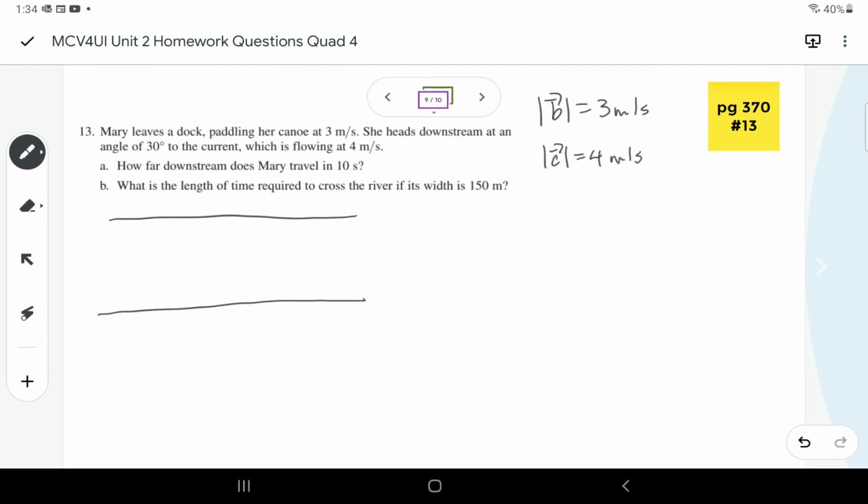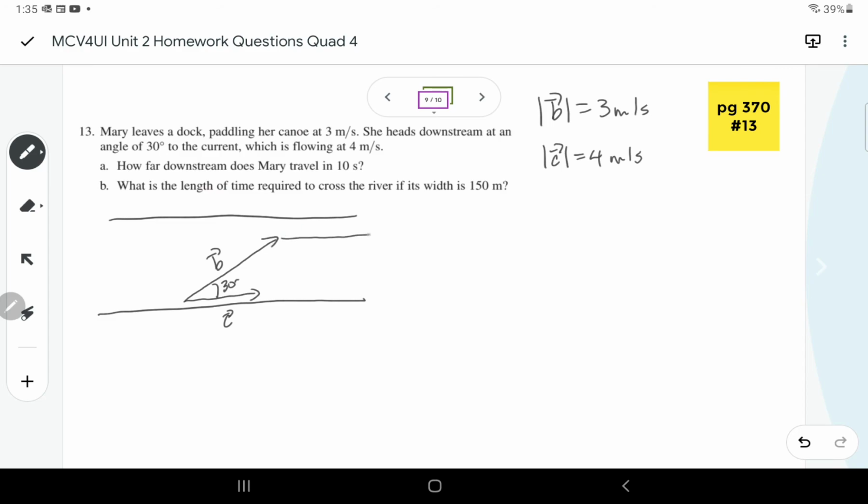Okay. So she's paddling her canoe at 3 meters per second, and she's heading downstream at an angle of 30 degrees to the current. So I know current is going that way. So the boat is heading this way at this 30-degree angle. So there's my boat velocity.